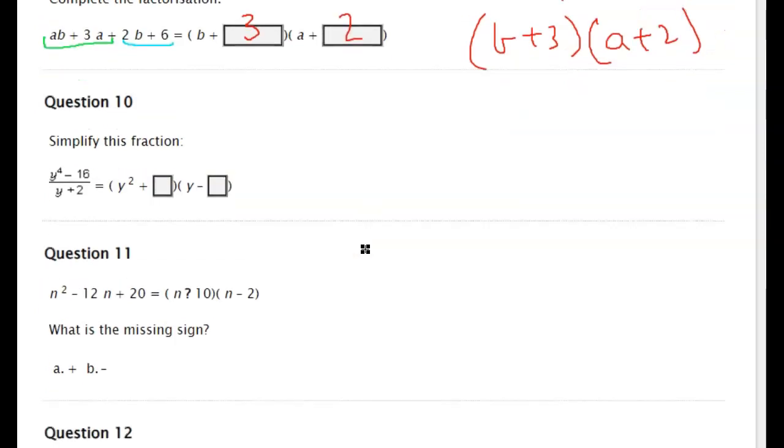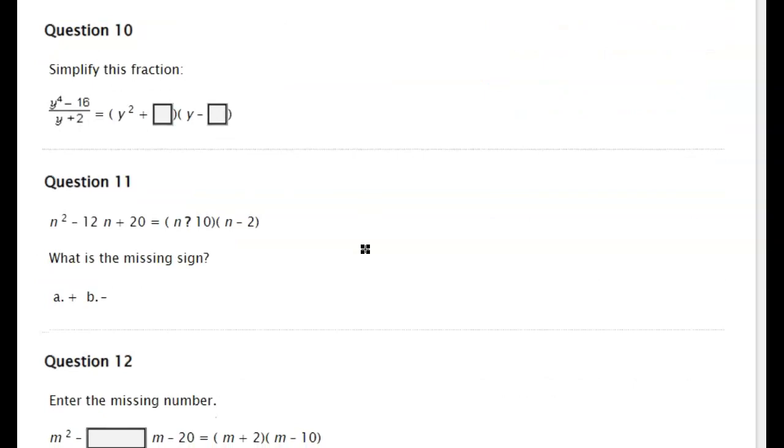All right, question 10. Simplify this fraction. Okay, so I've got difference of perfect squares up the top, and I know that's going to cancel out with what's on the bottom. Questions like this are usually designed so you can do a bit of cancelling. Remember when you do the difference of perfect squares, I'm going to write that up here, y^4 minus 16.